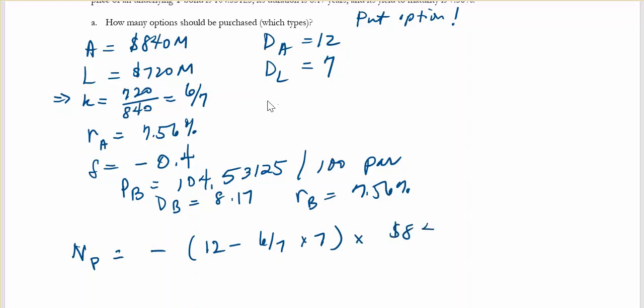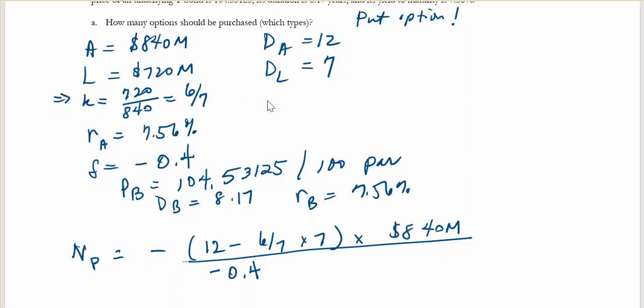The assets are 840 million. Since we're assuming no basis risk, then we don't even need to know the current interest rates. And in the denominator, we have negative 0.4 as the delta.